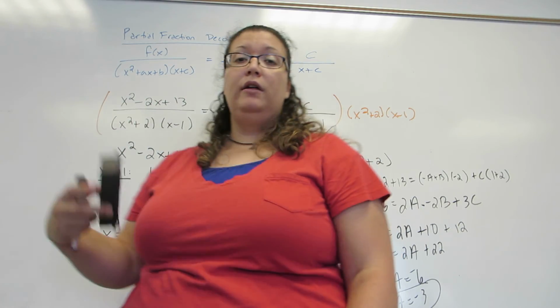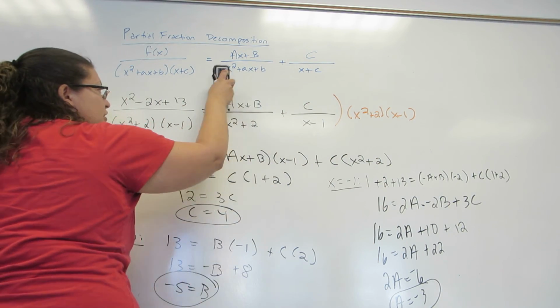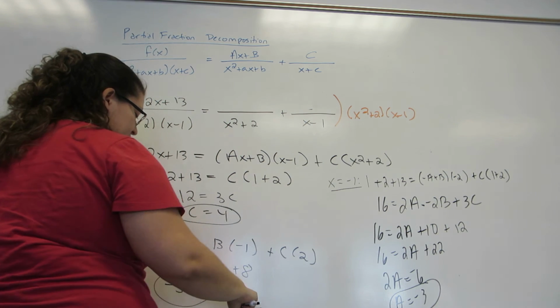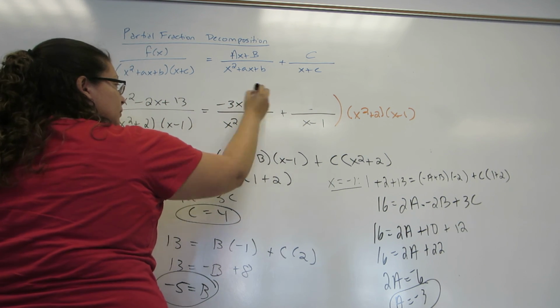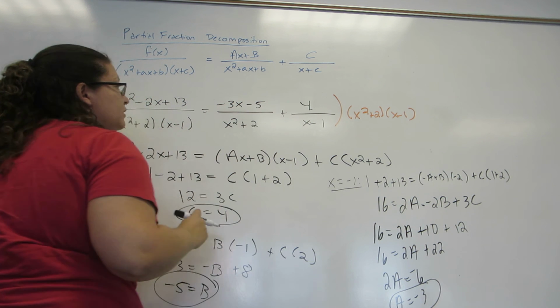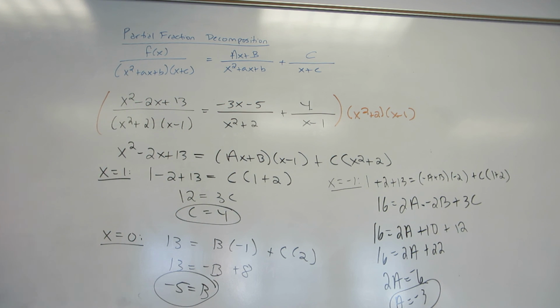So, the final answer to my partial fraction decomposition is going back to here and plugging in A, B, and C. So remember, the two problems with partial fraction decomposition, if you have a repeated term, you need both powers as possible denominators. And if you have an irreducible quadratic, your numerator needs to be a linear term.